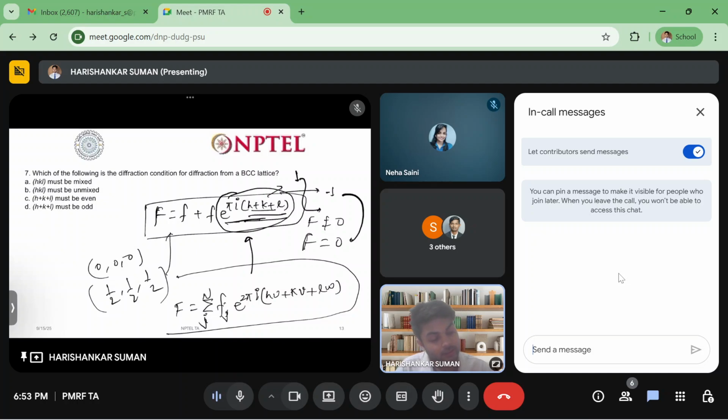So h plus k plus l: if the sum is even, multiplied by even pi only gives the 1. If odd pi gives the 0. Now you can comment. Please choose your option now. HKL must be even or must be odd if we want the diffraction from the BCC.